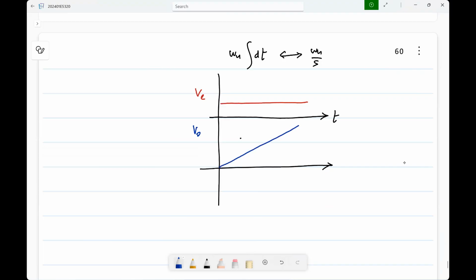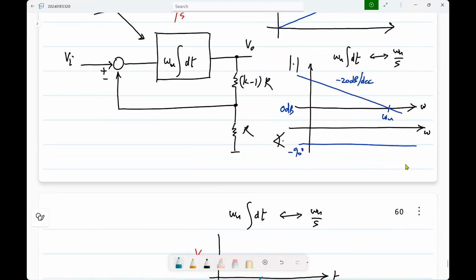What will be the slope of the ramp? Omega u times V. Now, if you increase omega u, what happens? It will ramp up faster, where omega u prime is greater than omega u. And similarly, if you had a larger omega u, it would get shifted up like that. So that is omega u prime.